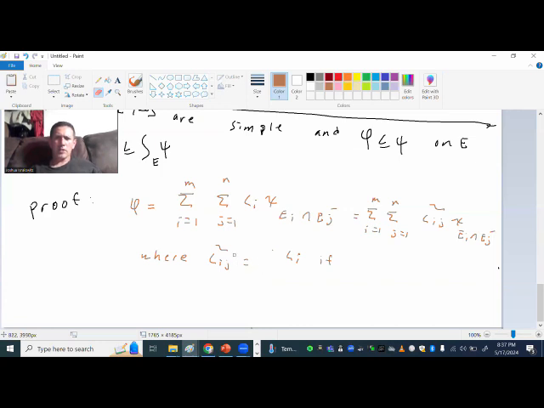It's really independent of j, so for each j it's just c_i. Or if you really want to, you can write it like this: c_i if E_i intersect E_j prime is not empty, 0 if it is empty.